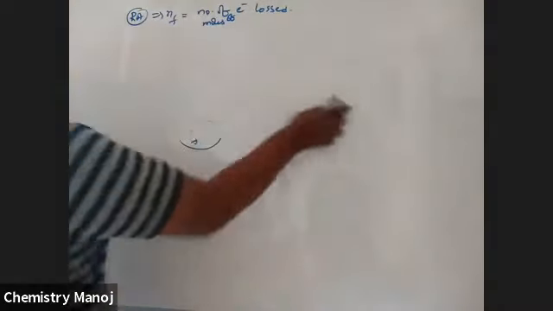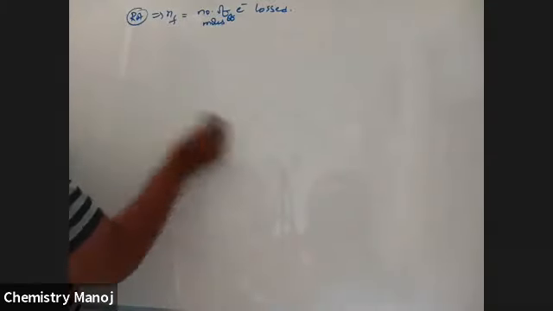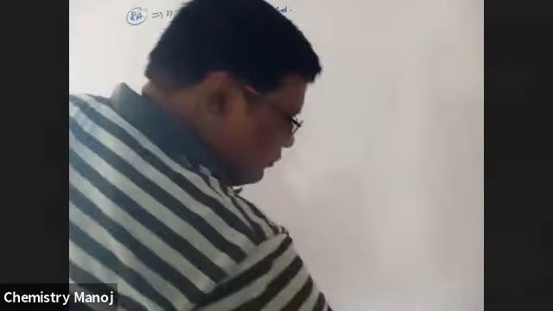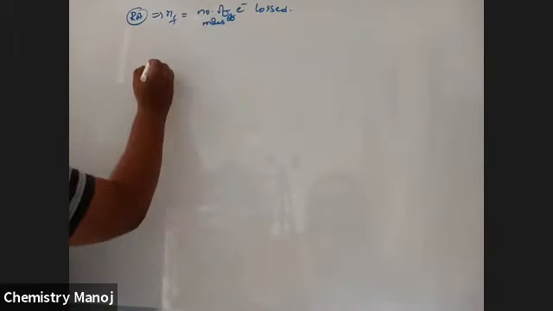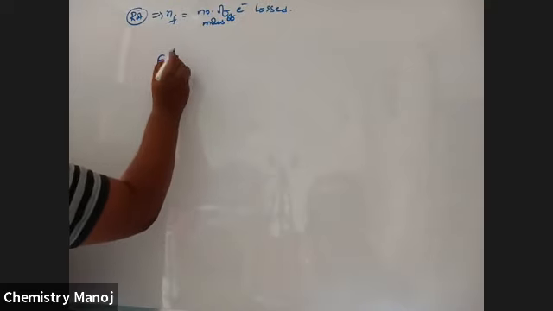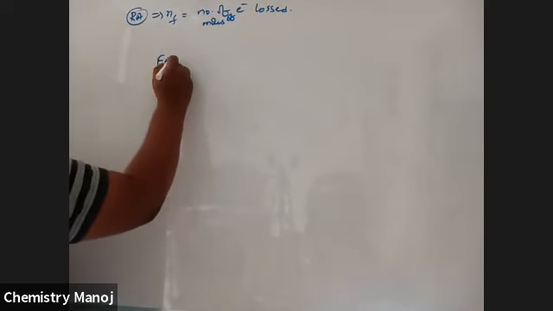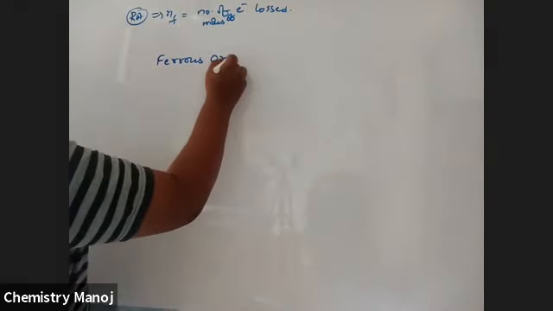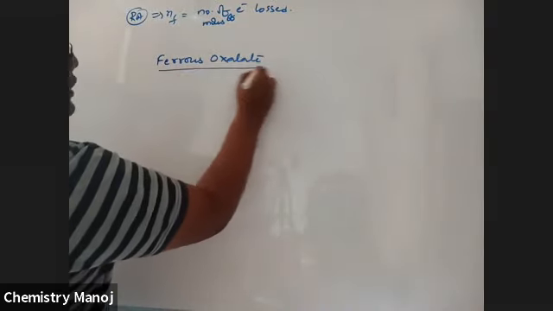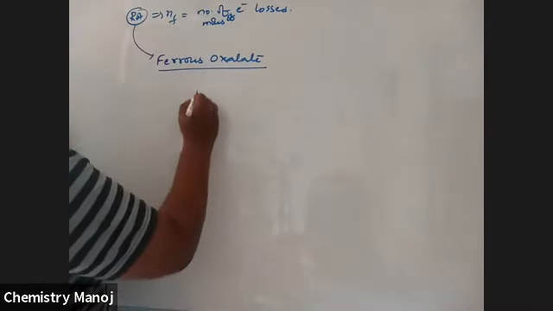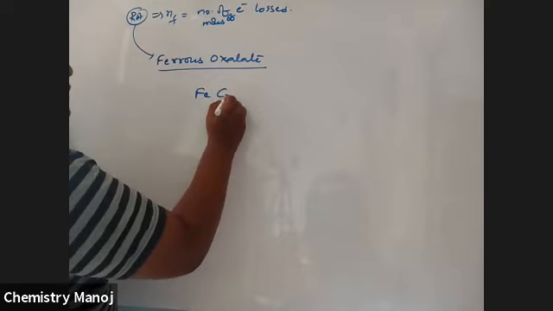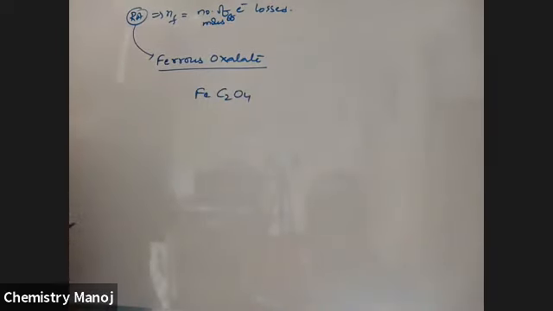One more example is there, that is ferrous oxalate. Ferrous oxalate is a reducing agent. Its formula is FeC2O4.